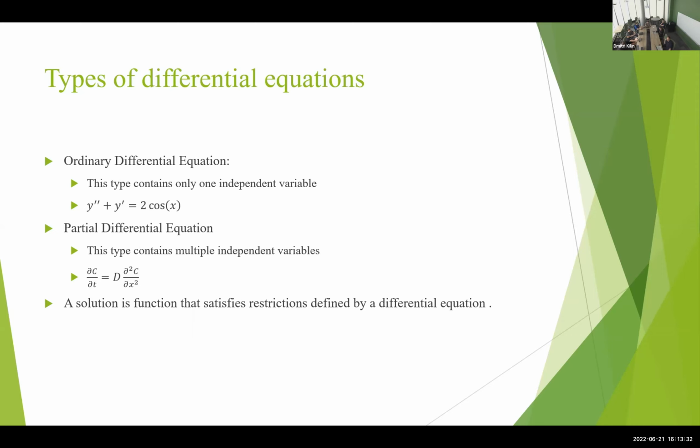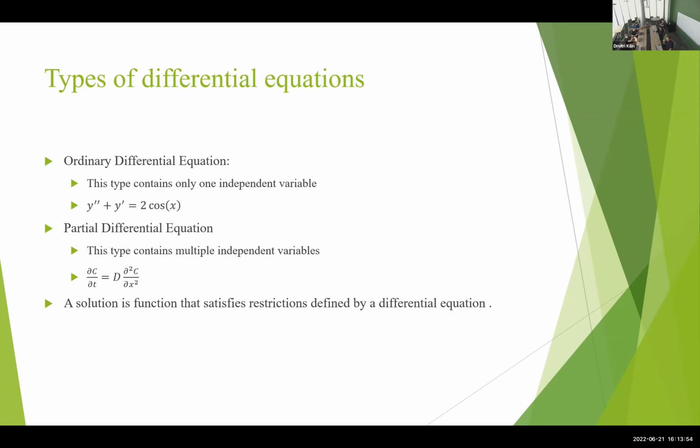But in partial differential equations, we have multiple independent variables. One example is the diffusion equation, where the concentration C depends on time and also location.